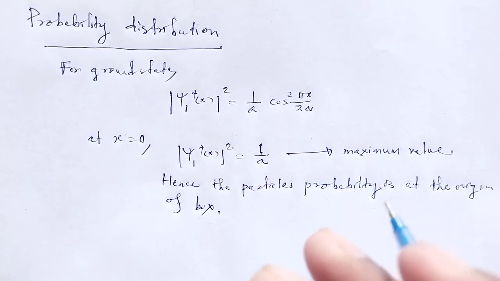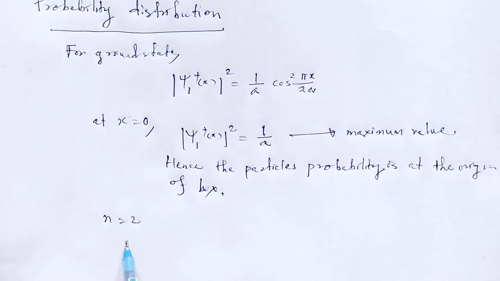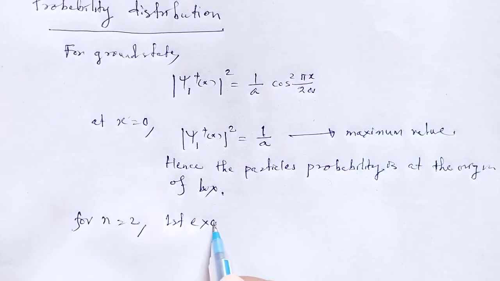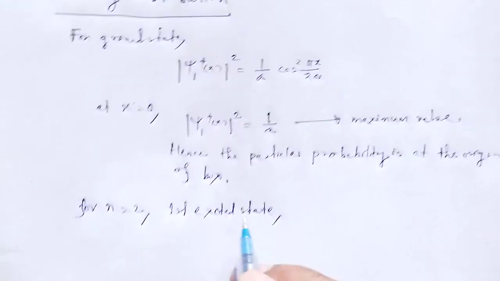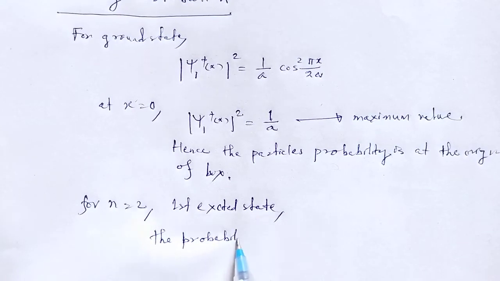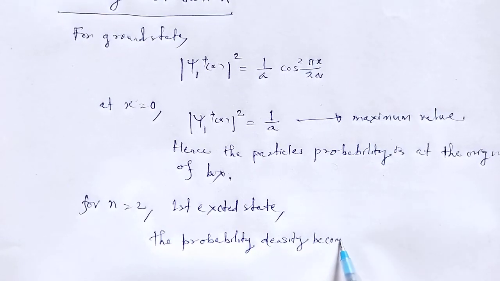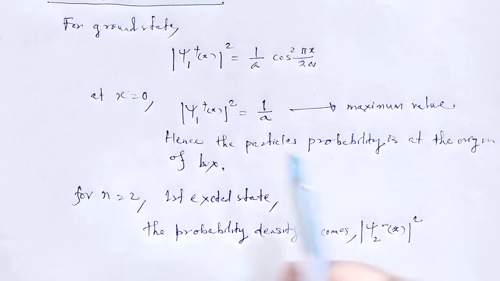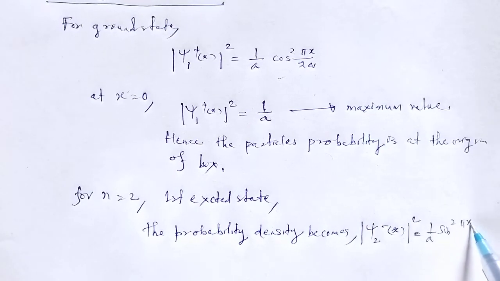For n is equal to 2, that is the first excited state, the probability density becomes the magnitude square of psi 2 minus x, which is the probability density, 1 by a sin square pi x by a.